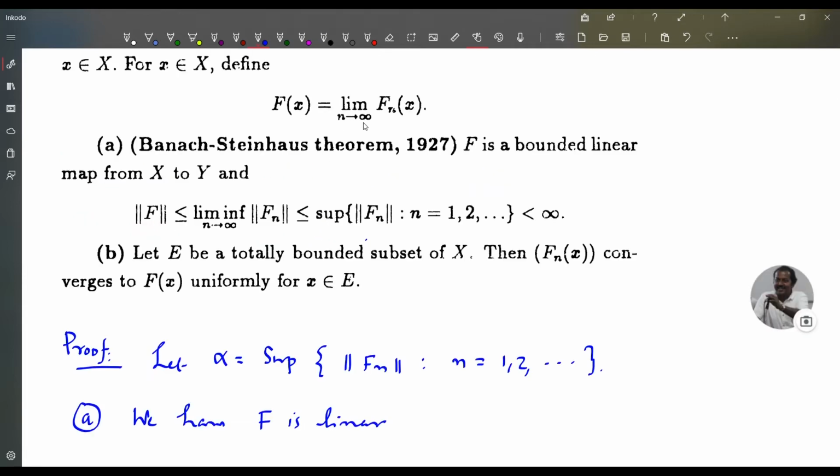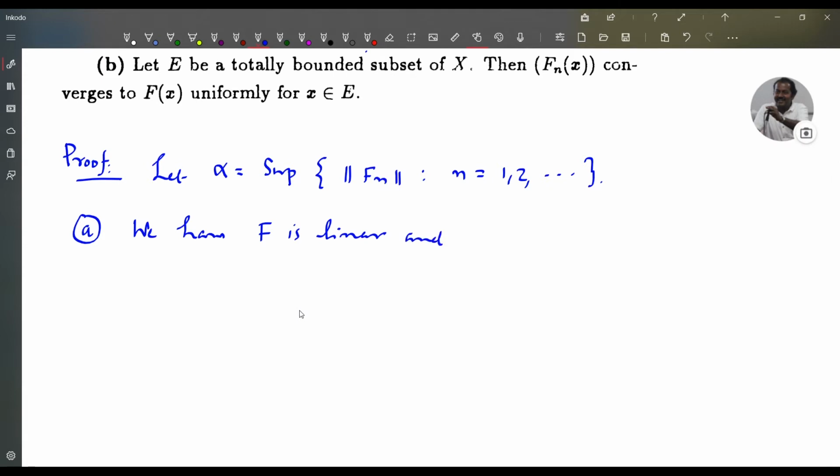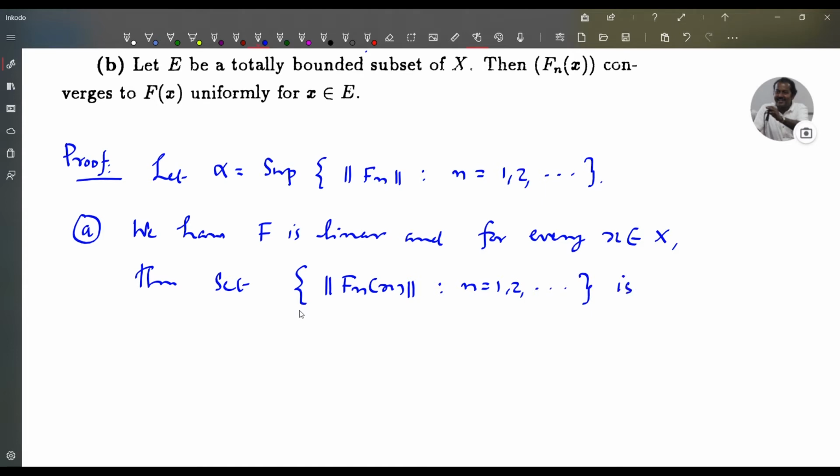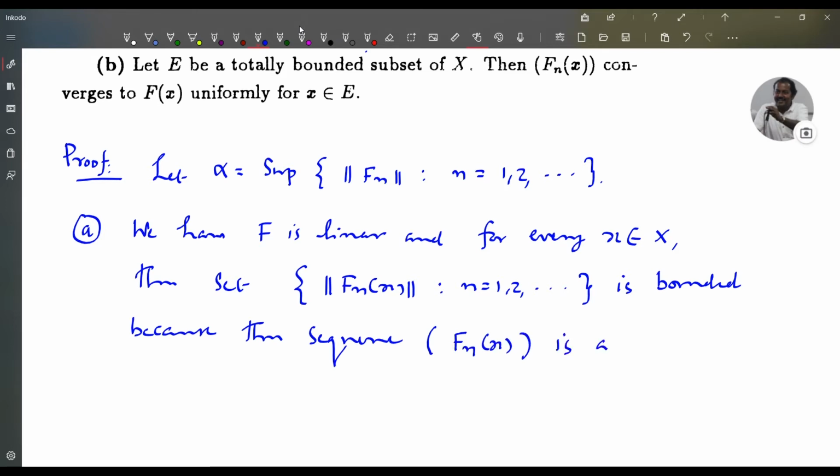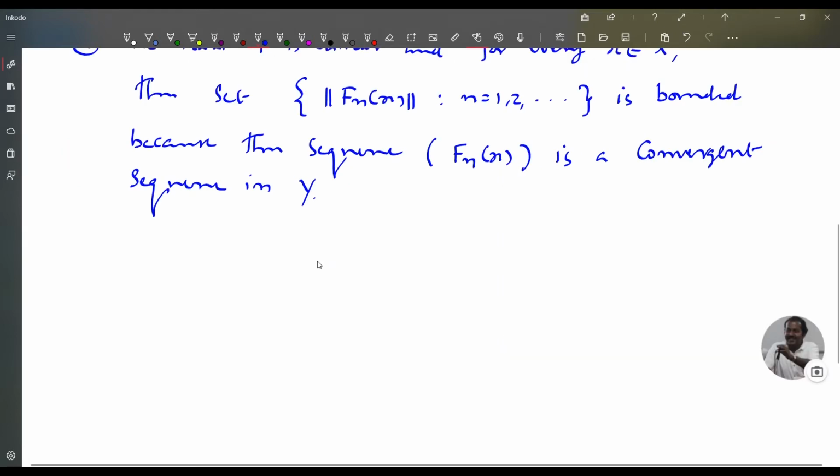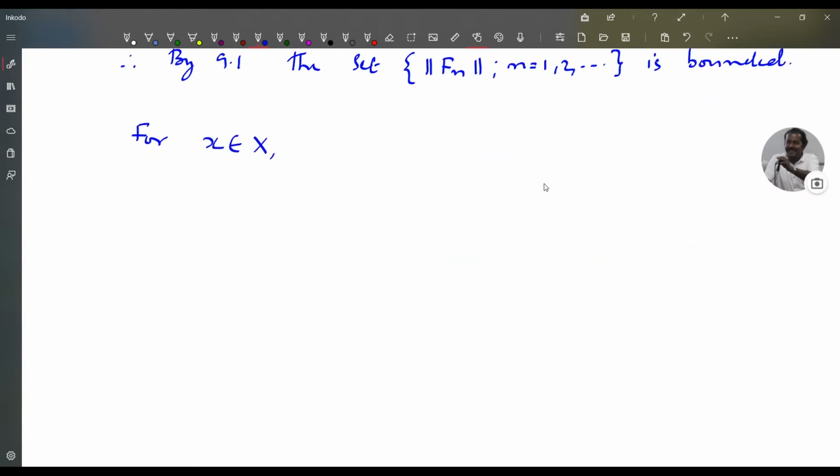You know that f(x) is the limit of fn(x), and for every x in X, the set of norm fn(x) such that n equal to 1, 2, etc. is bounded, because fn(x) is a convergent sequence in Y. Therefore, by the uniform boundedness principle, that is by 9.1, the set of norm fn such that n equal to 1, 2, etc. is bounded.